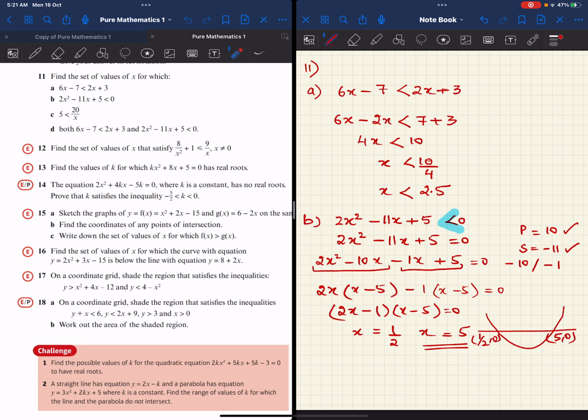And since I have to take the region below 0, which is seen here, I will shade below 0 here, and that's the solution for my inequality. Therefore, x values are greater than half and less than 5. And that's the answer for question B.